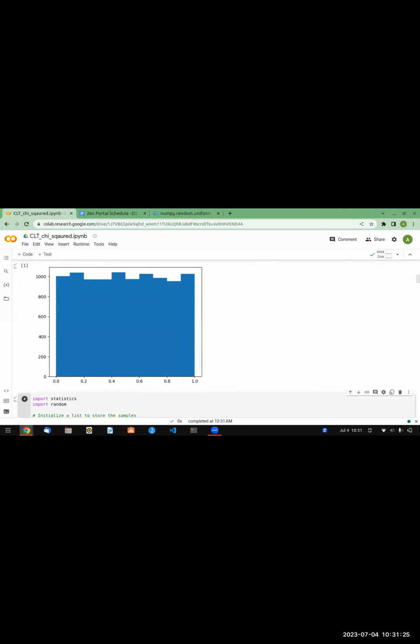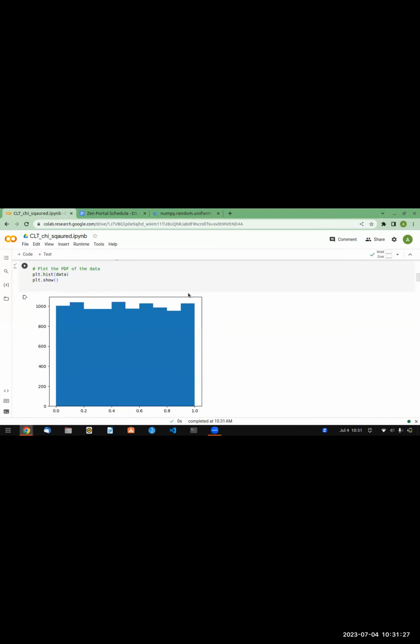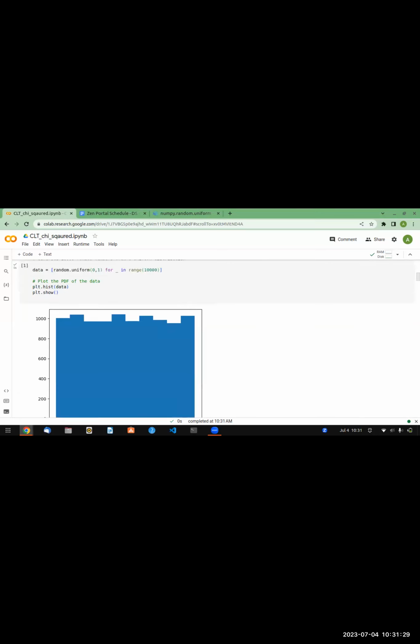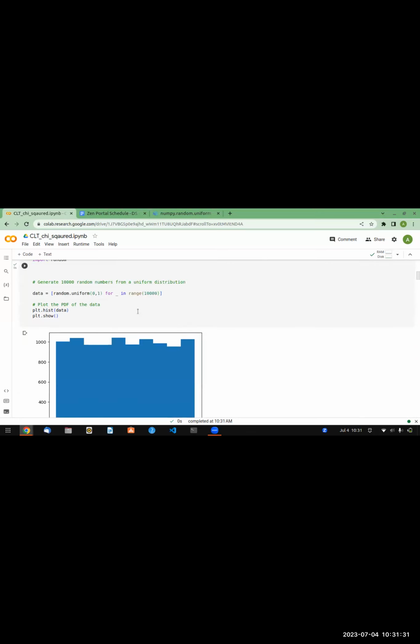That uniform, guys, right? This is the unknown. Just now Divya asked about this one. We are taking uniform distribution data. So this is my data, which contains 10,000 elements, and from here we are taking the samples.